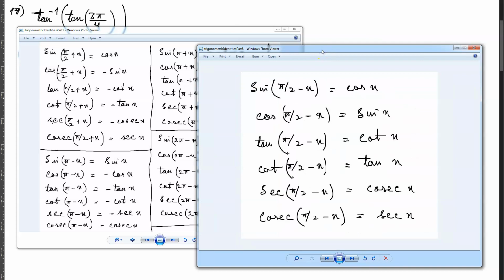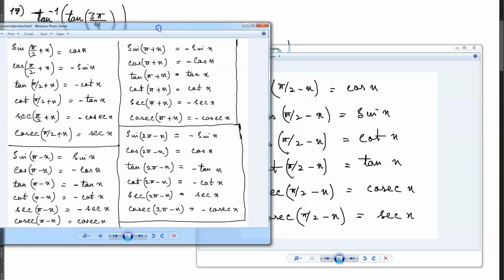So we had pi by 2 plus x, pi by 2 minus x, pi minus x, pi plus x, and 2 pi minus x. We need to basically find some sort of rule in order that we can use these formulas properly and effectively.